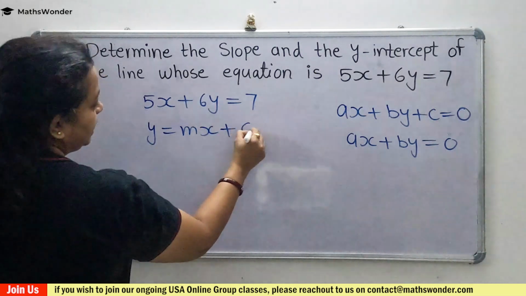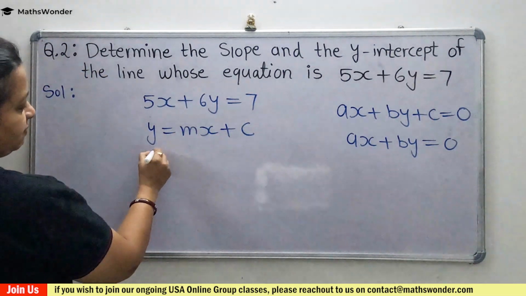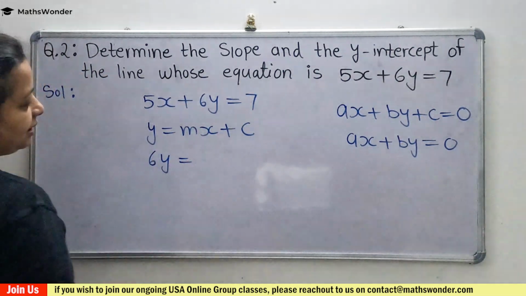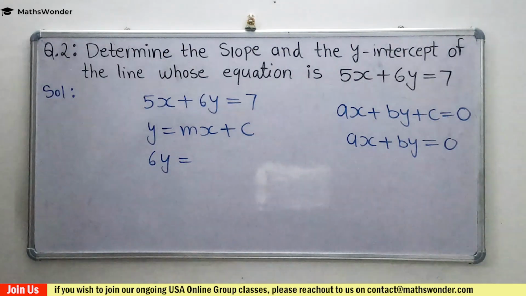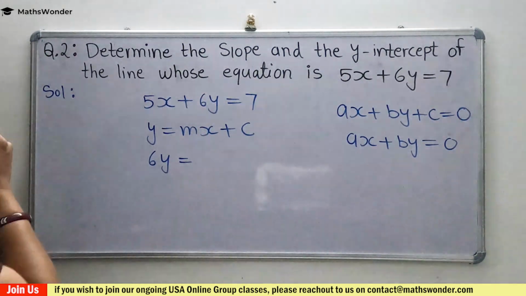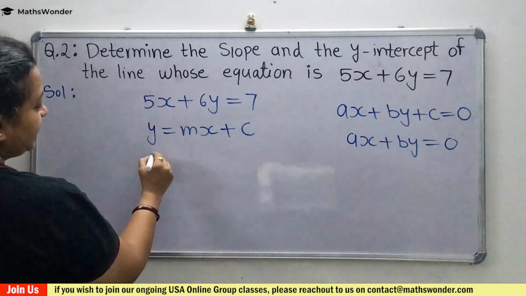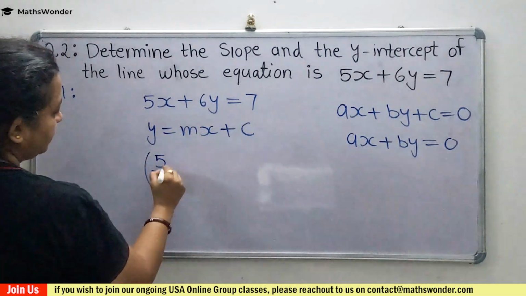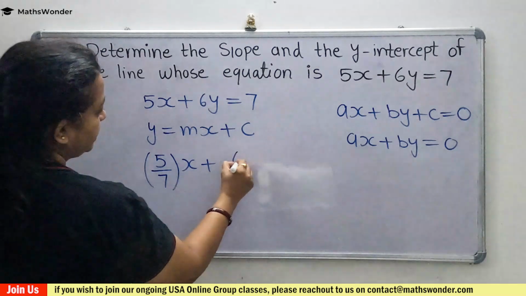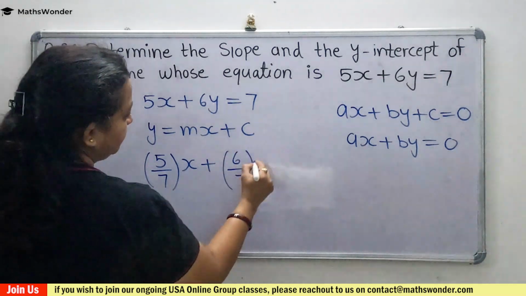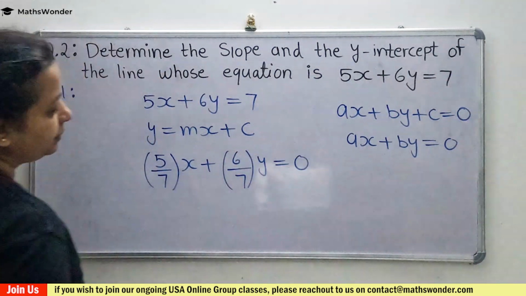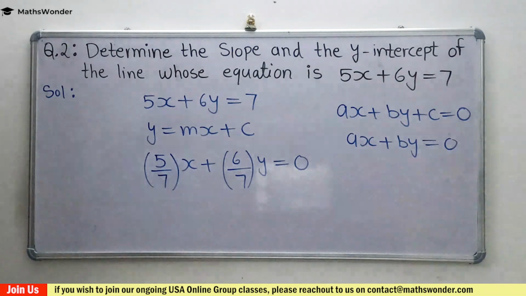What is the form? y is equal to mx plus c. So y, the 6y, you can write it here, right? The easy way is to divide this 7 by this 5: 5 over 7 x plus 6 over 7 y is 0. Can we write it like this?